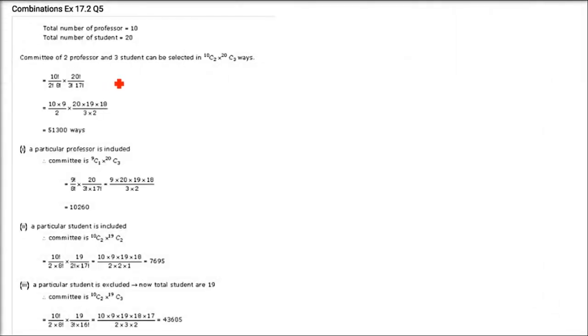There are 10 professors and 20 students, out of whom a committee of 2 professors and 3 students is to be formed. Find the number of ways in which this can be done.